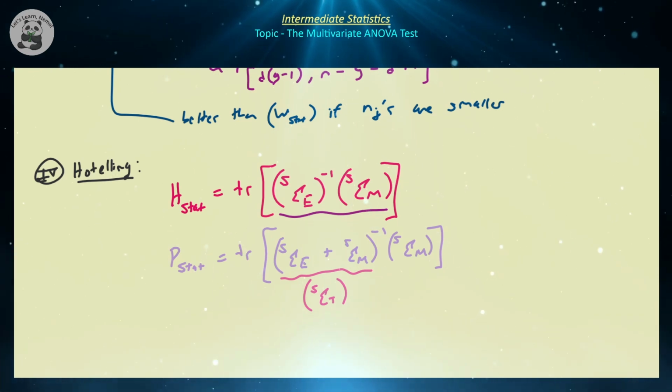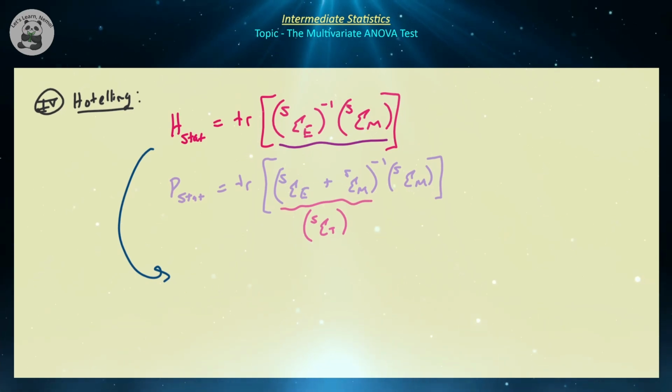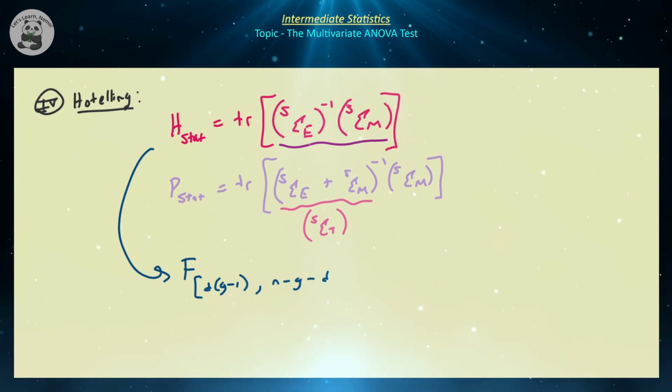One's looking at the total, and one's looking at the SSE matrix, right? So very interesting observations there, but you can sort of see how they're motivated and manipulating one another. So the Hotelling test statistic, if multivariate normality is met, is also going to follow an F distribution with degrees of freedom D, G minus 1, N minus G minus D plus 1. So it's actually the same exact degrees of freedom as the modified Wilks test statistic, right?